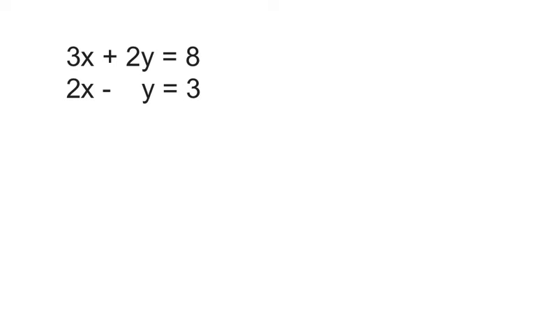They don't have the same number in front of both the x's or both the y's. Now we can't eliminate until they do both have the same number in front of one of the letters. So the first thing we need to do is to adapt these equations so that they are the same.